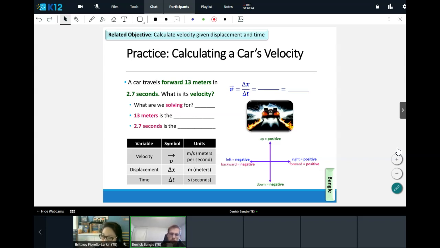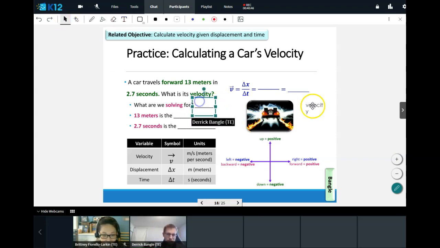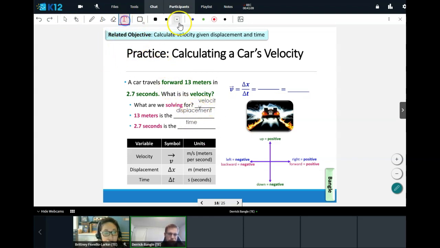So we know, let me type this in here. It goes into the formula up at the top. We plug in 13 up here, and the 2.7 seconds goes down below for our time. Plug that into your calculator, and let's see what we get.